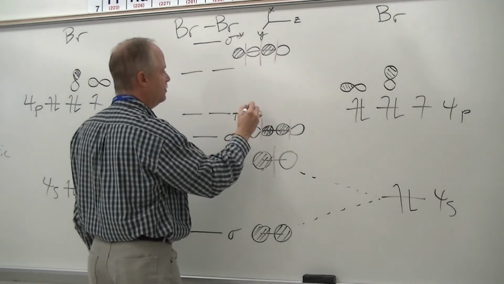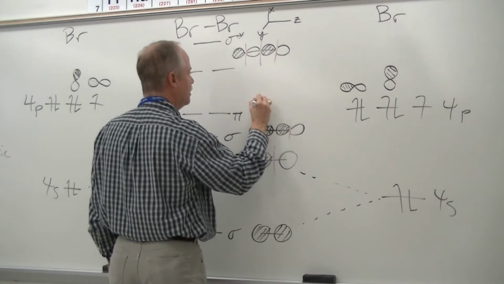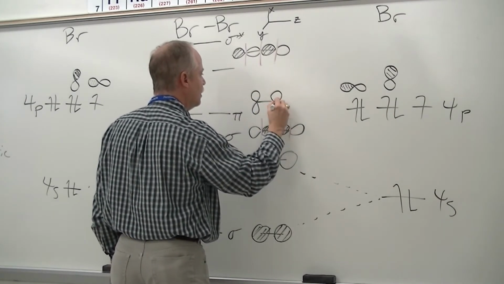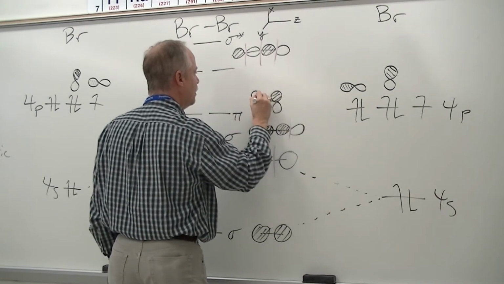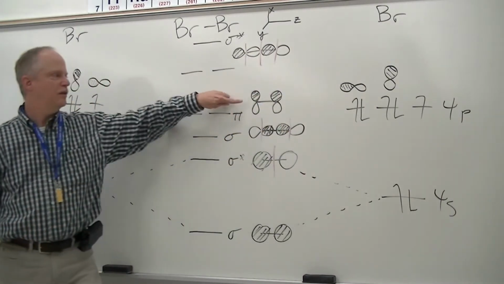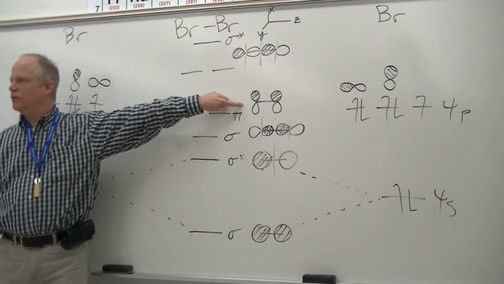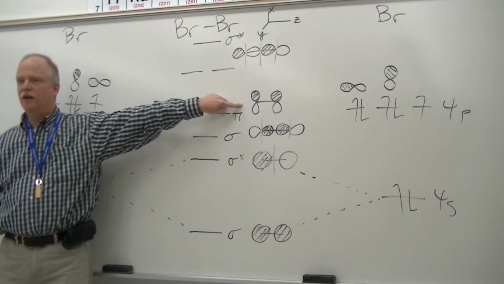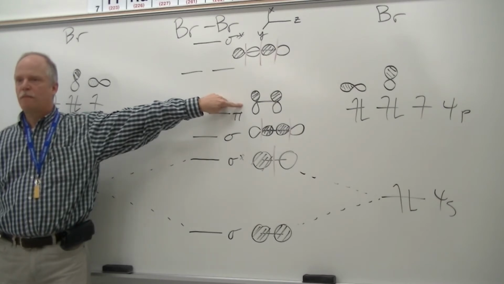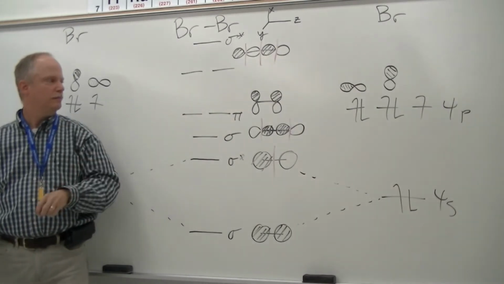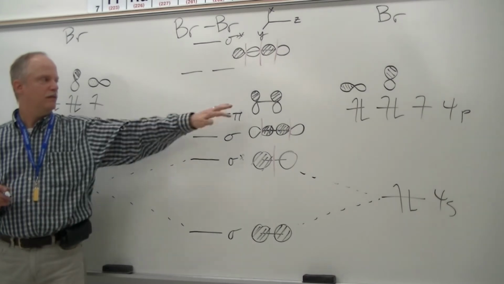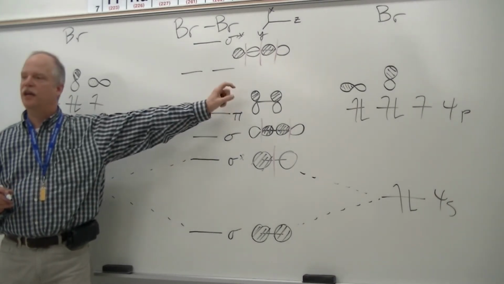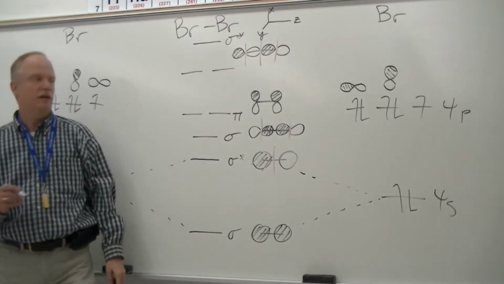And so if we drew this picture, so I just drew the px orbitals with the shading on the same side, and that's the pi bond. So that's our pi bonding orbital. Notice I could have drawn one of the shadings the other way, and that would be the antibonding.